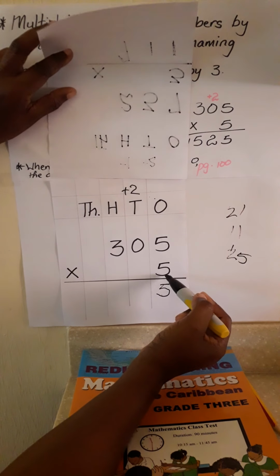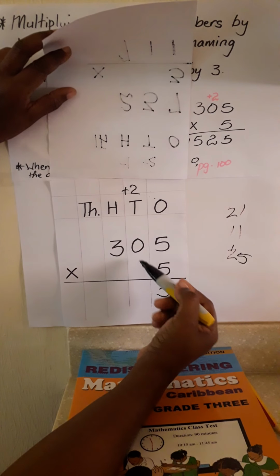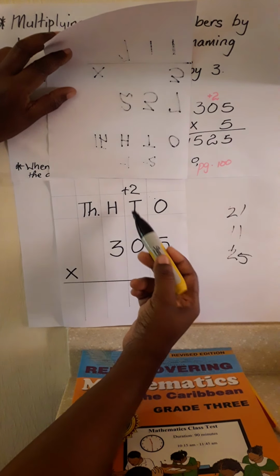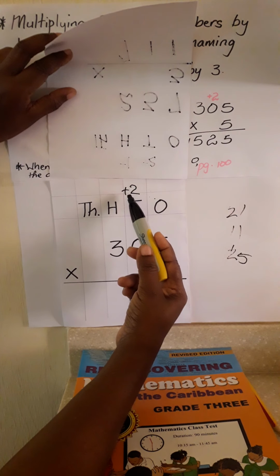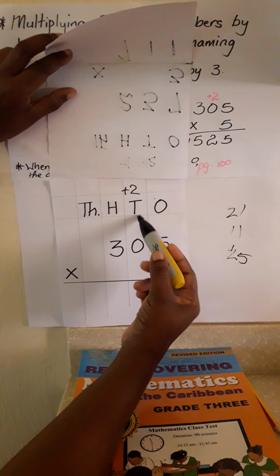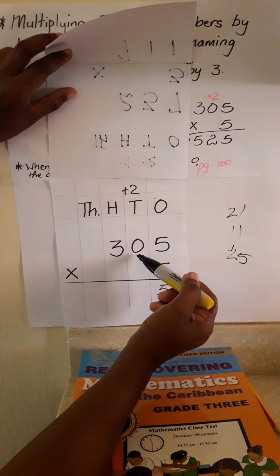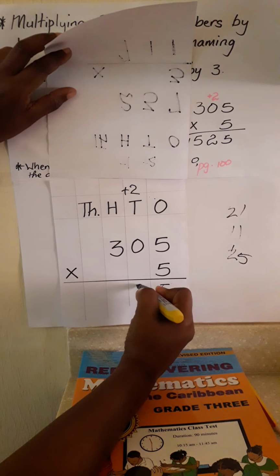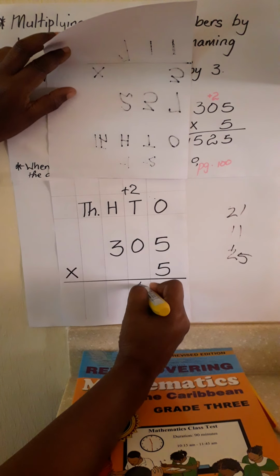Therefore, 5 times 0 is 0. But remember, we had carried over the 2, so it's 5 times 0, which is 0, plus 2 gives us an answer here of 2. So we put the 2 down here.